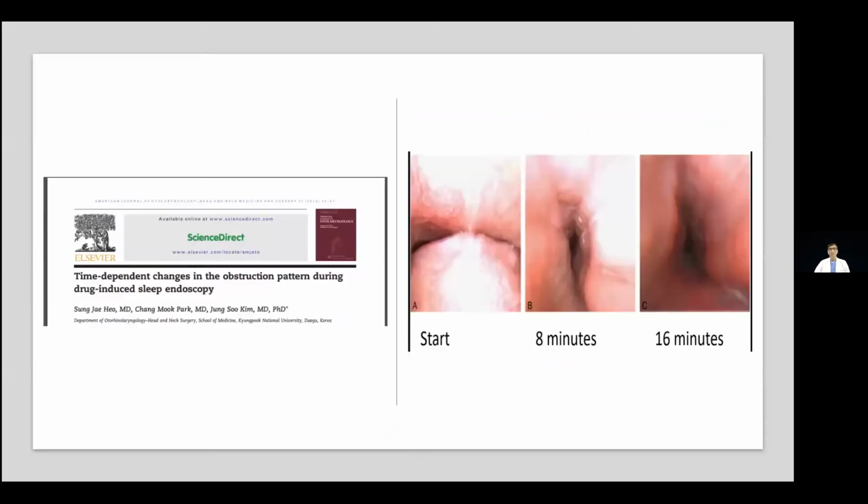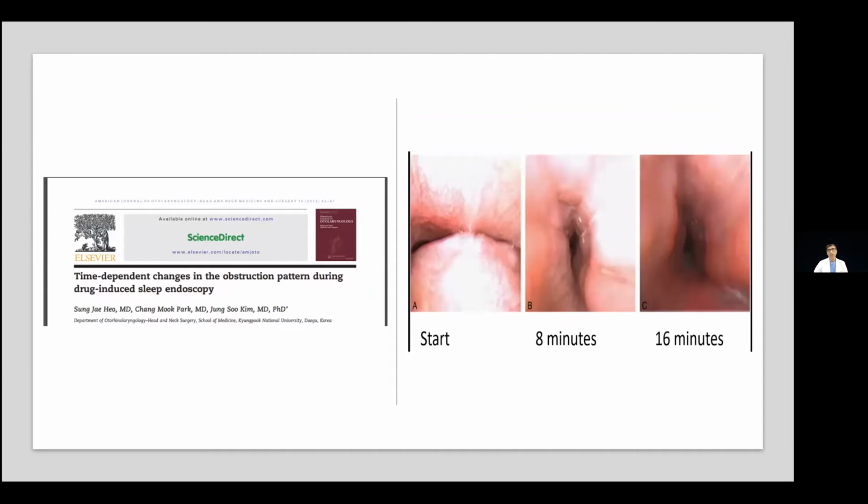Now, it's also important that DICE has to be done for a minimum of about 15 to 20 minutes. Otherwise, just going in and out like a check scopy will not help, because there is a lot of literature that says that the patterns of obstruction change with time.